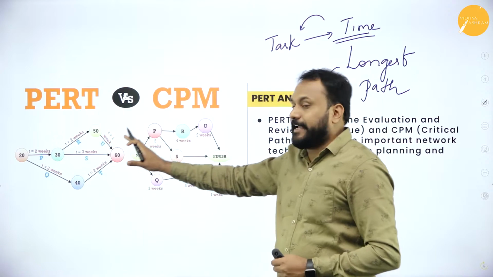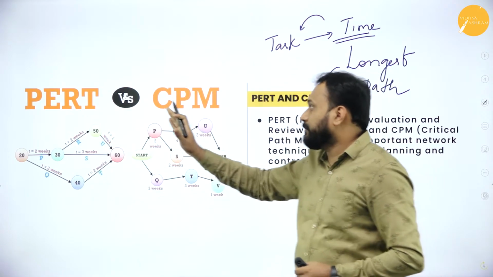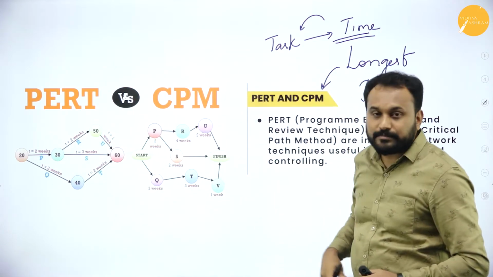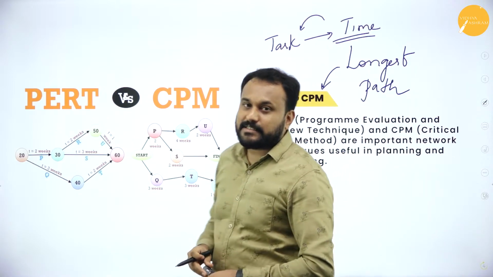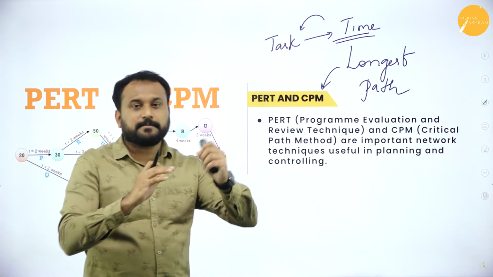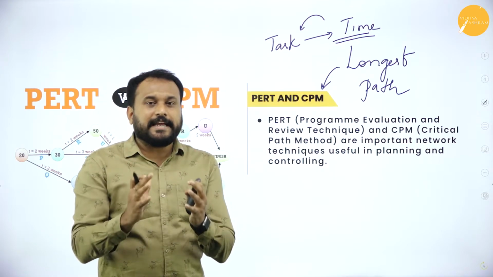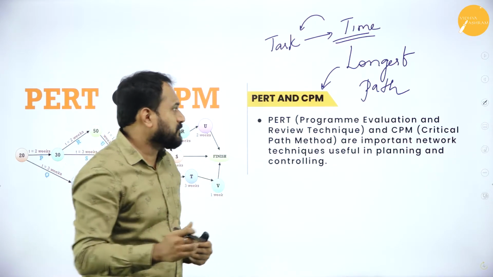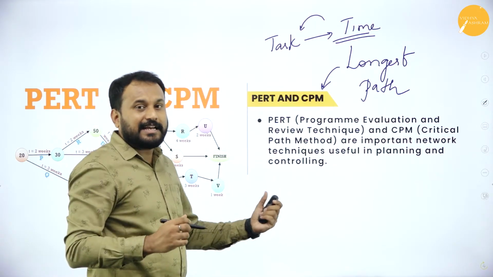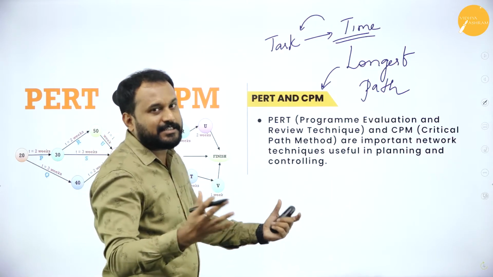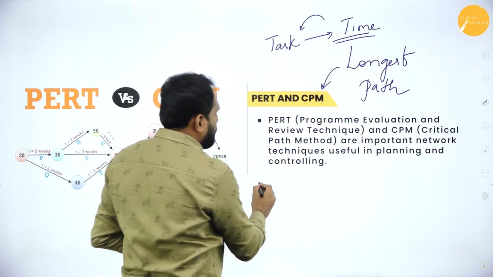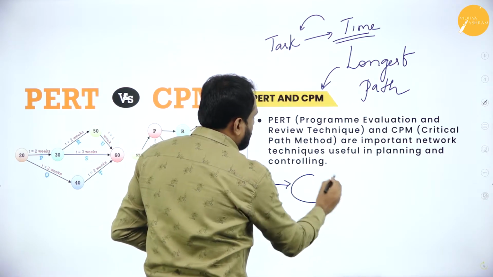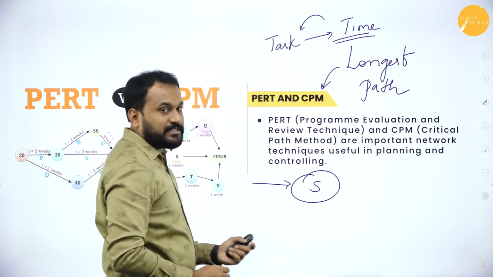Here you have a diagram where it is shown PERT versus CPM. So what are PERT and CPM? Understand, connecting the dots is what PERT and CPM are all about. Whenever you start any work, you have started.